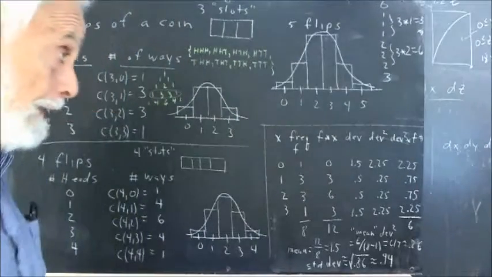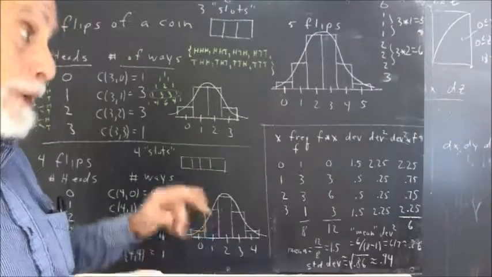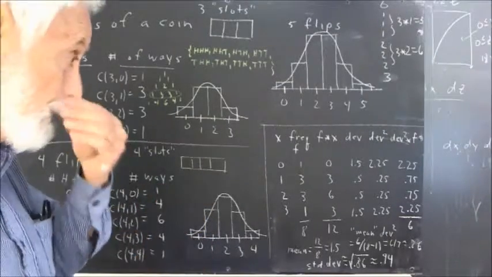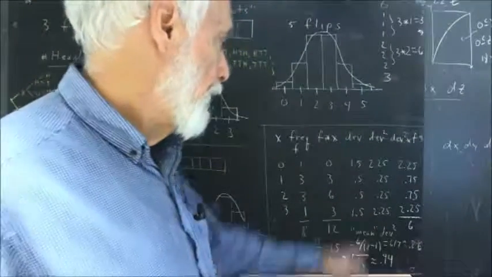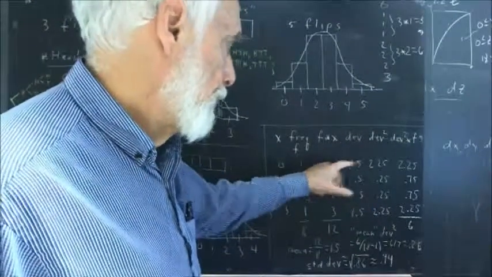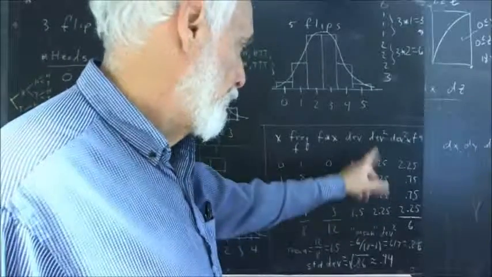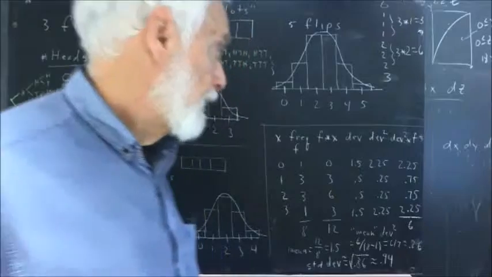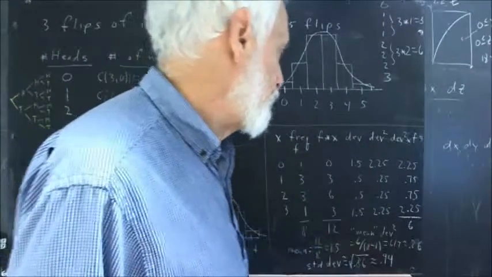Now, calculating a standard deviation, which again is the square root of the mean, quote mean, of the squared deviations. We got squared deviations. We have to square our deviations. Well, it's easy to square. 1.5 squared is 2.25. 0.5 squared is 0.25, etc. Then what? Well, we could list the deviations.